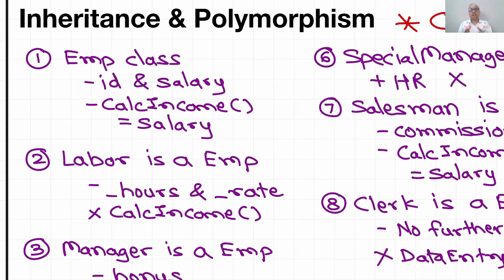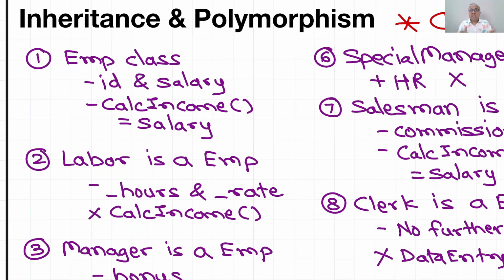Let us consider that employee will have some ID and salary. And then we will also write one calculate income kind of method, which is just returning a salary. But later, we will write a labor class where every labor is an employee, but laborers are not paid with their regular salary.